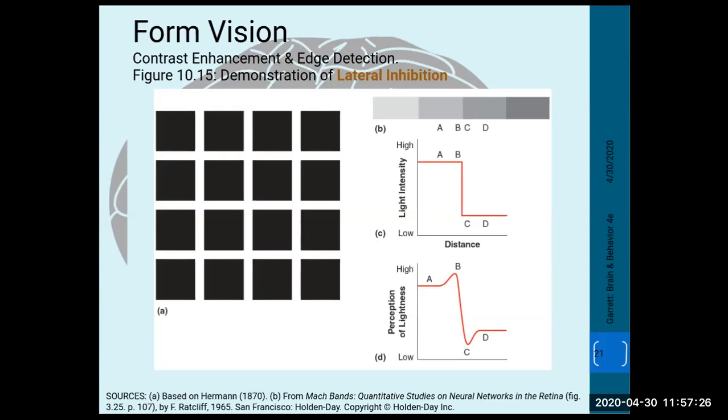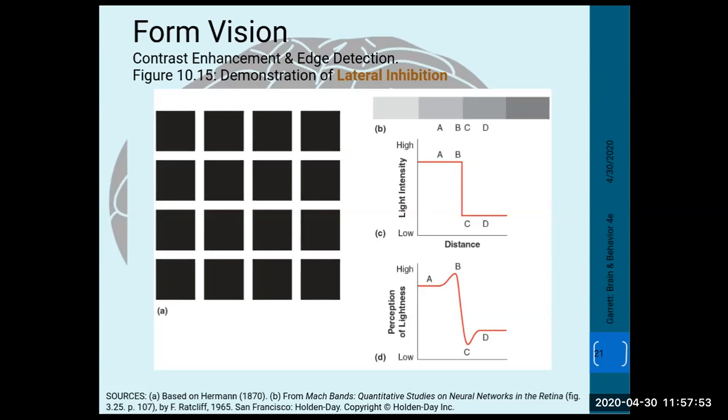So in terms of actual light, if we look at the first graph, A and B are the same shade, so a little higher light intensity. C and D are a little bit darker, so a little bit lower light intensity. But our visual system, and this idea that we call lateral inhibition, shows that a light line next to a dark one makes the light one look lighter, and a dark line next to a light one makes the dark one look darker.